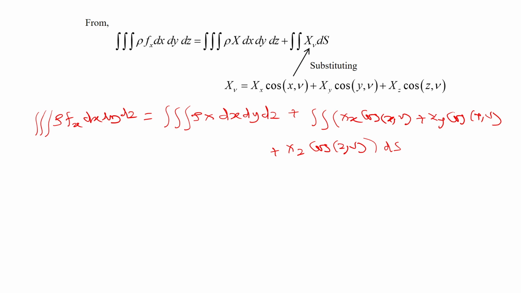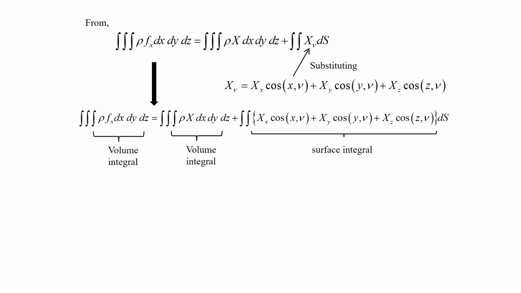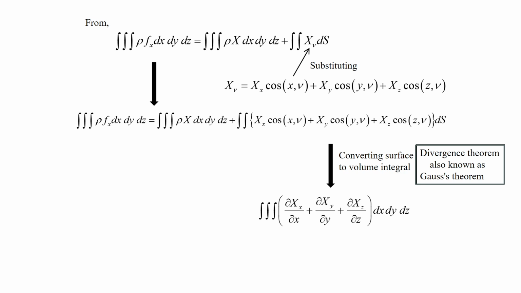Like that, we can write the force balance for all the other directions. What you can notice here is that this is a volume integral, and here it is a surface integral. In order to have consistency, we would like to have the volume integral in all the terms. Therefore we can use what is known as the divergence theorem.